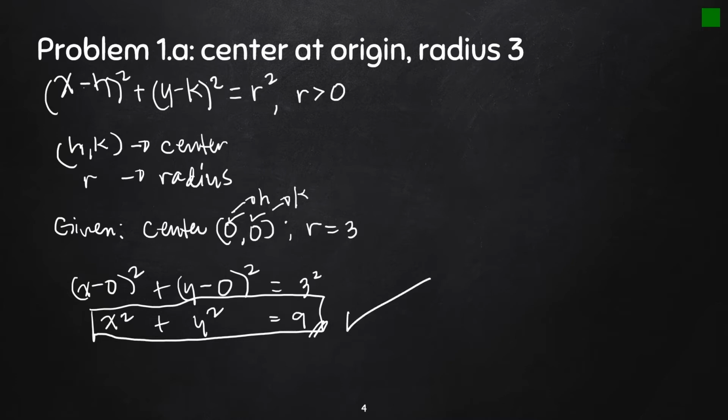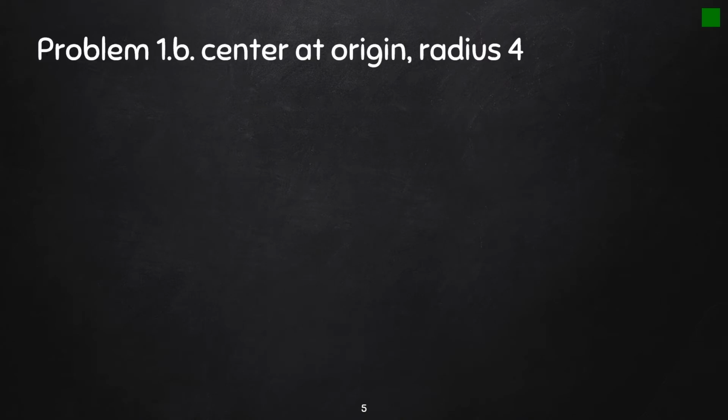Let's try to check problem 1.b. This time again, we are given the center of the circle at the origin, (0, 0), and a radius of 4. The same thing, we have (x minus h) quantity squared plus (y minus k) quantity squared equal to r squared.